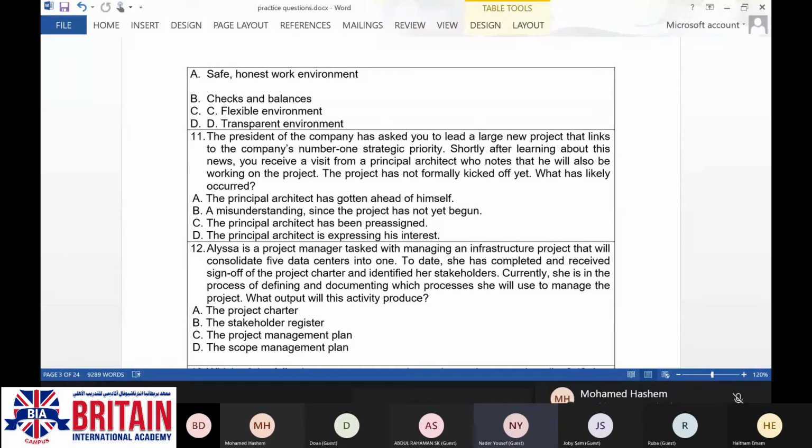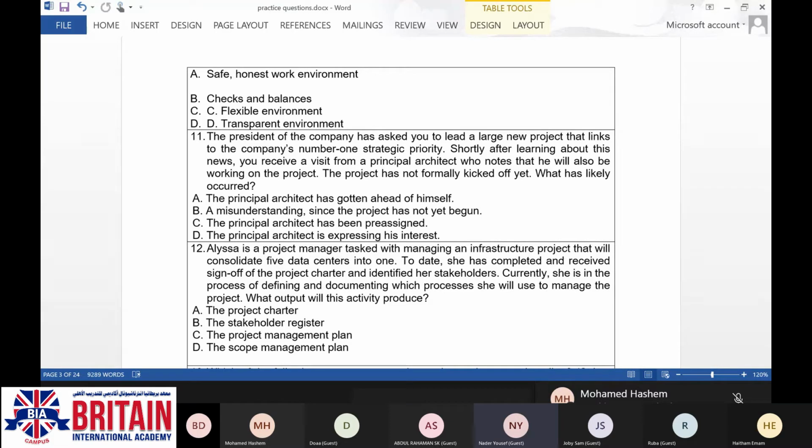I don't clearly understand the question. The translation is okay for me, but what has likely occurred? What has happened? The principal architect has gotten ahead of himself. A misunderstanding since the project has not yet begun.